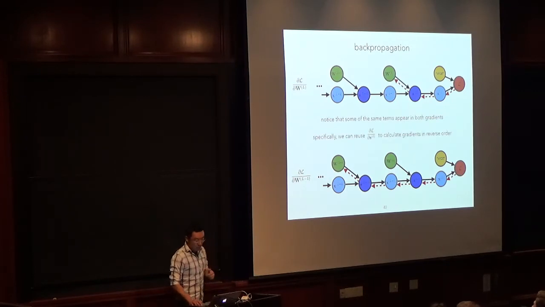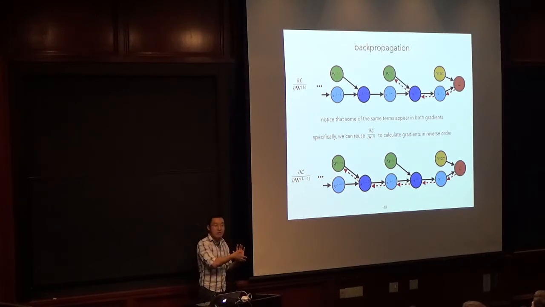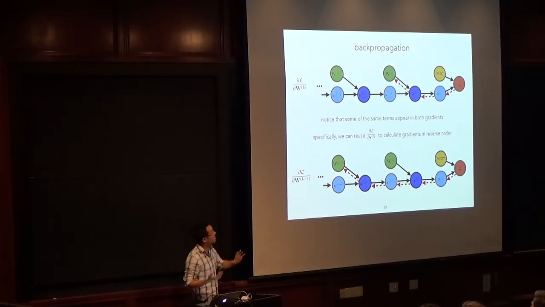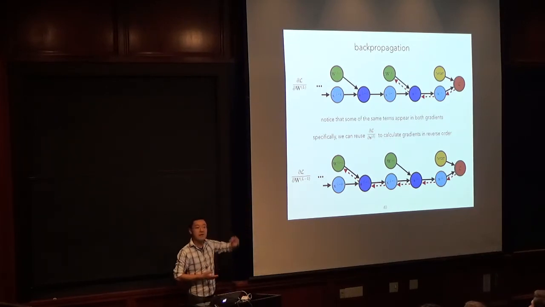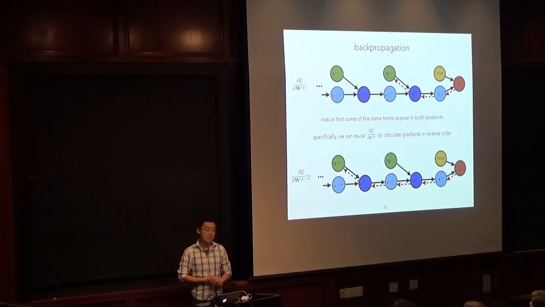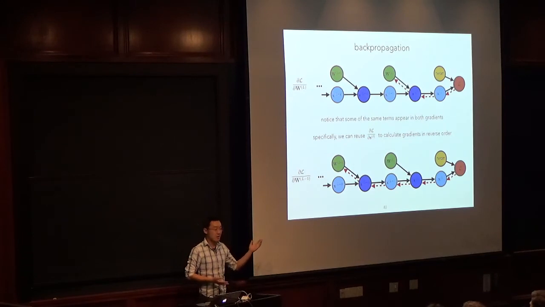And so if we compute the gradients in reverse order of the layers, we can actually reuse some of the computation that we've done. So if we have a data structure associated with this dependency graph, and we compute the gradients in reverse topological order in terms of the layers, then we can reuse computation as we compute the gradients.